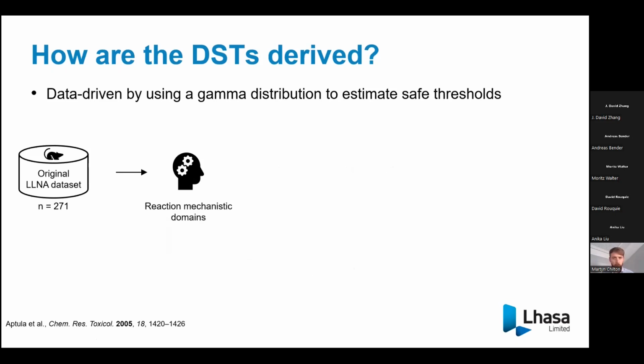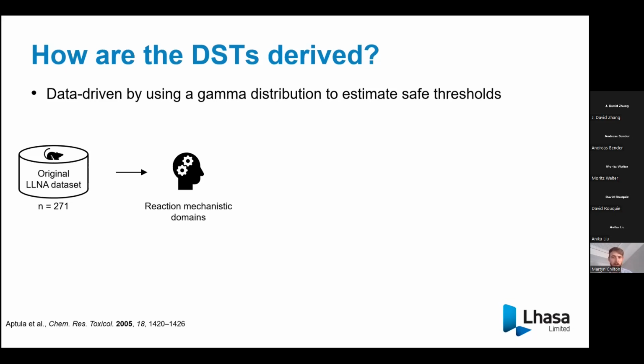And again, for those who know skin sensitization, there's been a lot of work done understanding chemically what the mechanisms are behind that covalent binding, the molecular initiating event I mentioned. So, for example, back in 2005, Nora Abdullah and co-workers published some reaction mechanistic domains. So these are common mechanisms, I should say, that cause sensitization.